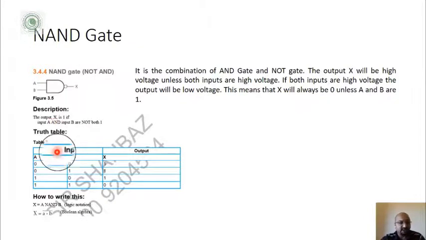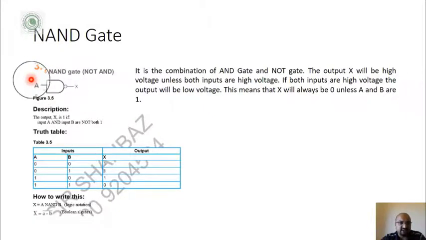So whenever A and B, A is here, B is here, whenever we give a low voltage here and low voltage here, in the AND gate the output will be low voltage. But on the other hand, there is the NOT gate, which converts low voltage into high voltage.